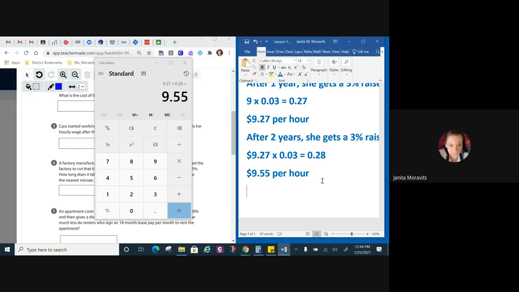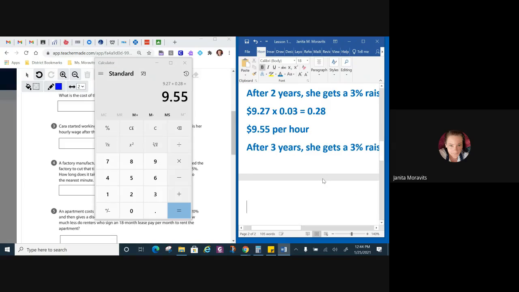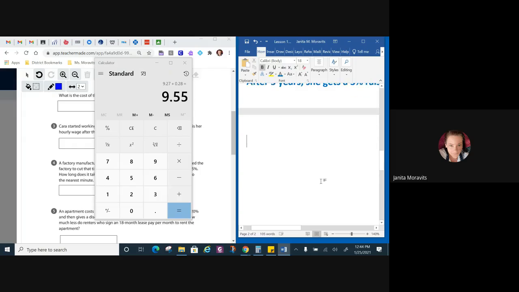Now we got 1 more year here. After 3 years, she gets a 3% raise again. All right, so let's take our $9.55 that she's now making, and we're going to multiply it times 3% again, and let's find out how much her raise is. So 9.55 times 0.03.